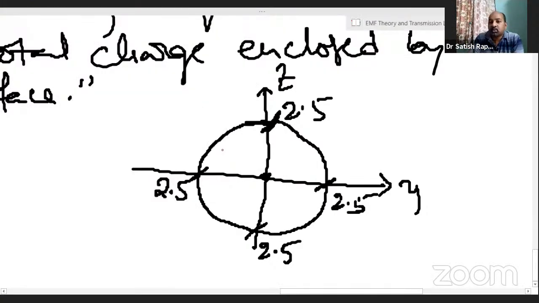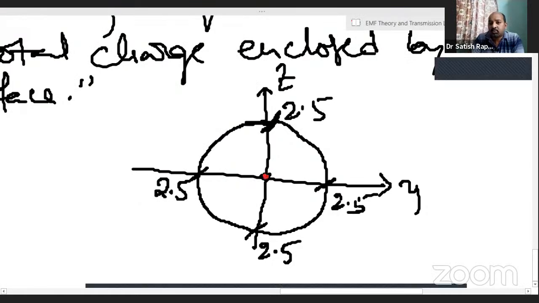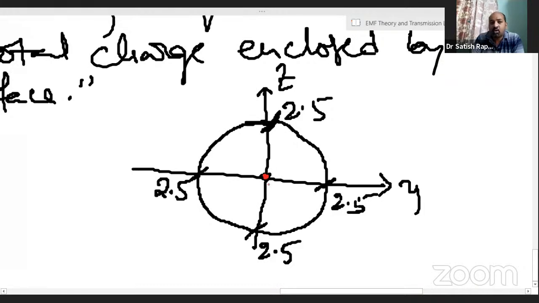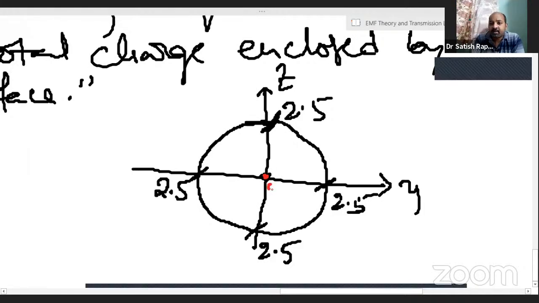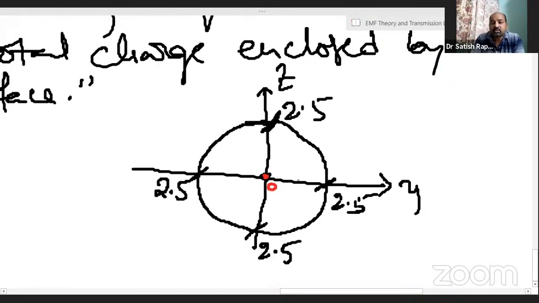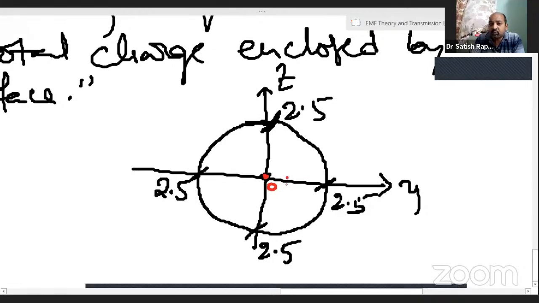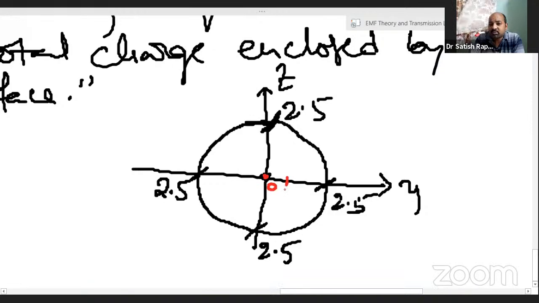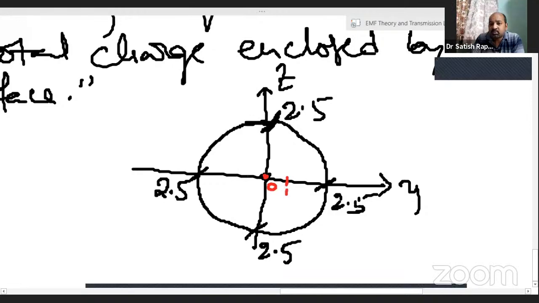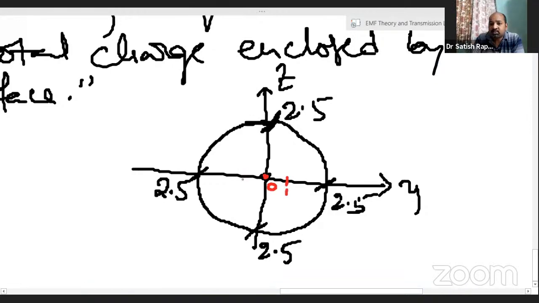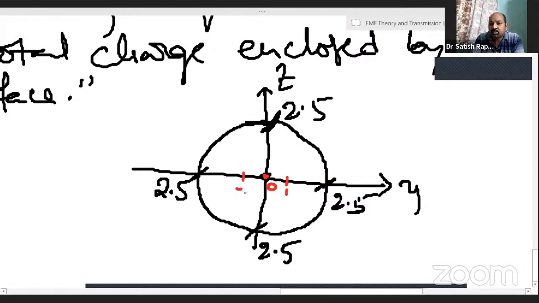So this is x equal to 0, the origin. And x equal to plus or minus 1: this is 1, and let us say this is minus 1.